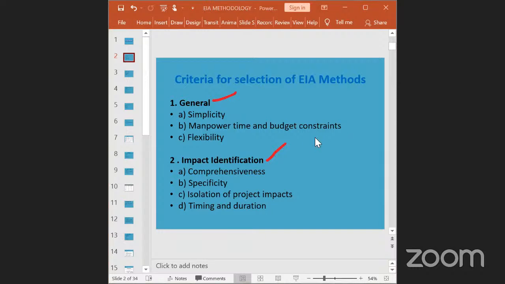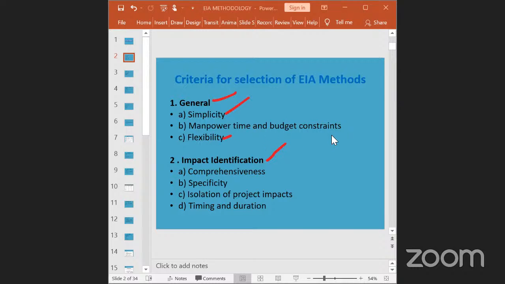Right? So in general, we have 3 steps here: simplicity and manpower, time and budget constraint, and also flexibility. So simplicity. This methodology should be simple so that the available manpower with limited background knowledge can grasp and adapt it without much difficulty, right?